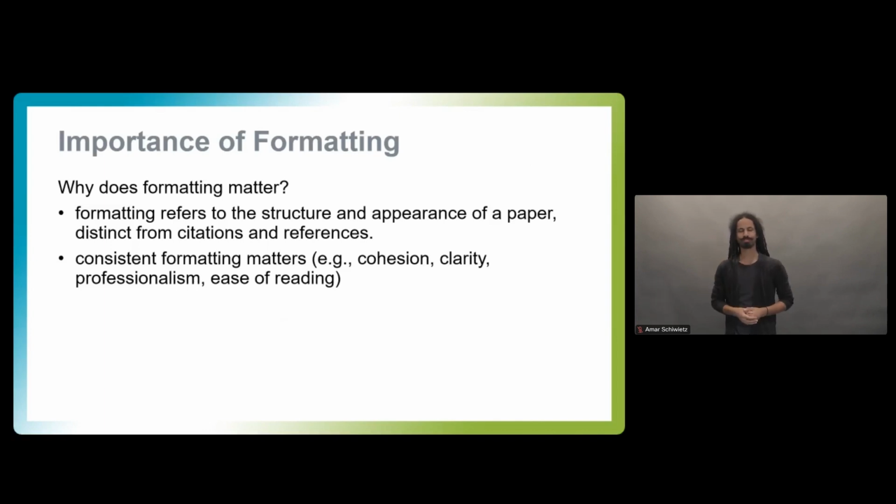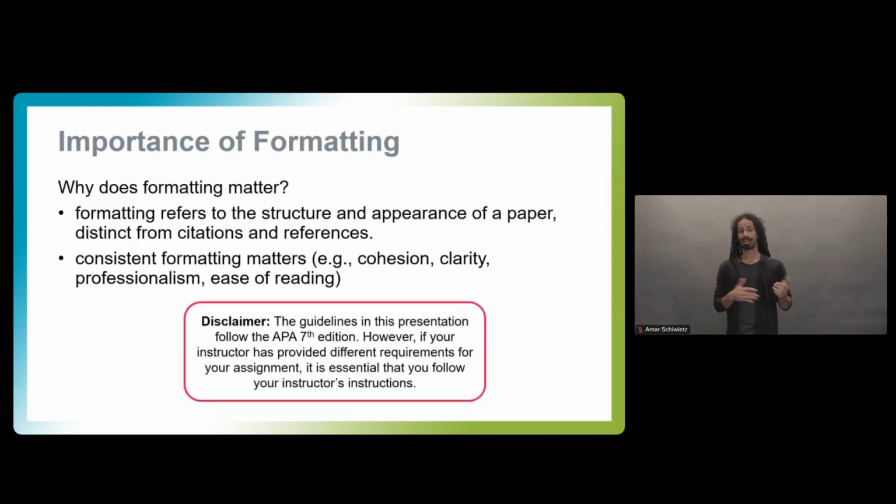Now, while the guidelines in this presentation all follow the APA 7th edition, that is what we are teaching and sharing with you today. However, if your instructor provides different requirements for your assignment, it is essential that you follow your instructor's instructions.